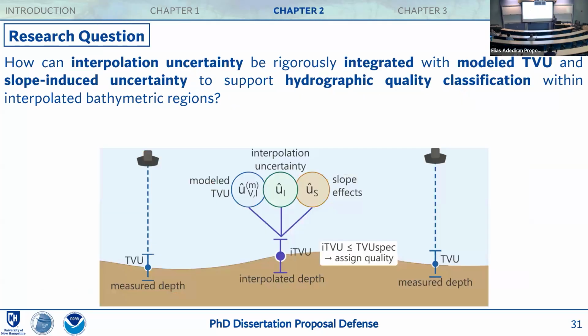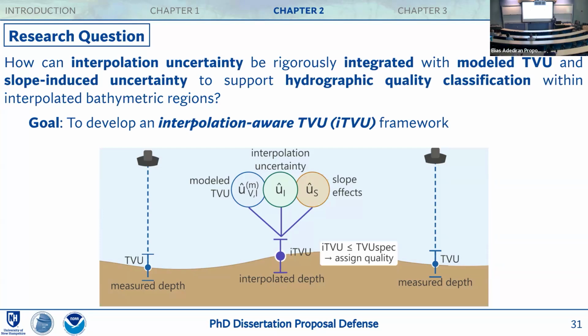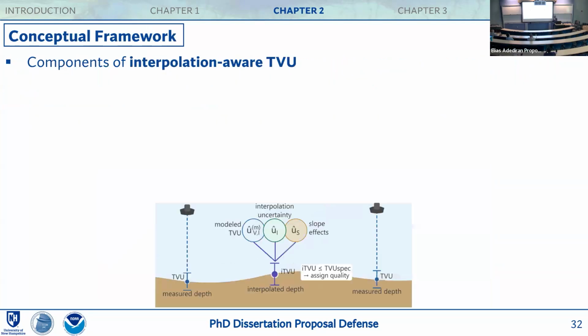The research question we are trying to answer is: how can interpolation uncertainty be integrated with the modeled TVU, which I'm going to get to in a moment, and the slope-induced uncertainty to support hydrographic quality classification within the interpolated bathymetric regions, with the goal to develop an interpolation-aware TVU framework.